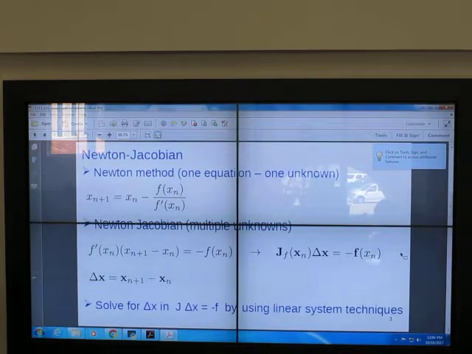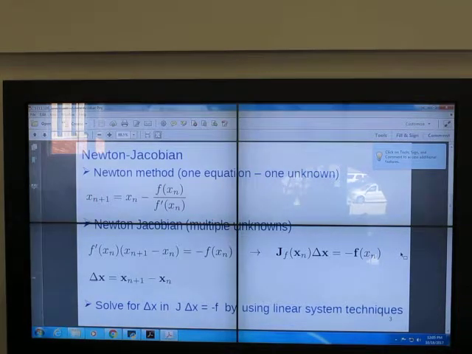Derivation. You remember Newton method? Xn plus 1 equal to xn minus f at xn divided by f prime of xn. So this means you use the current point slope for the next case. Okay. Move xn to the left side.